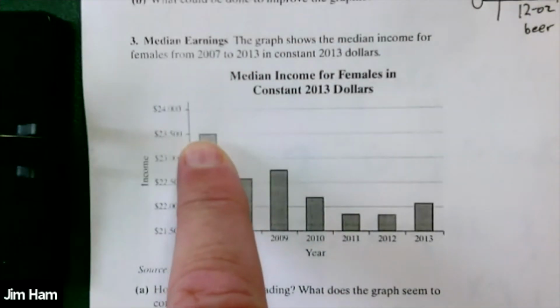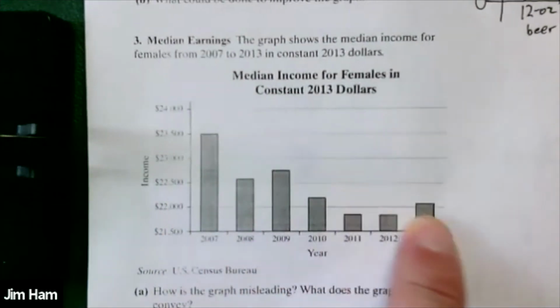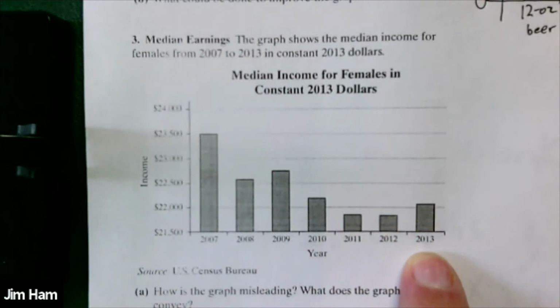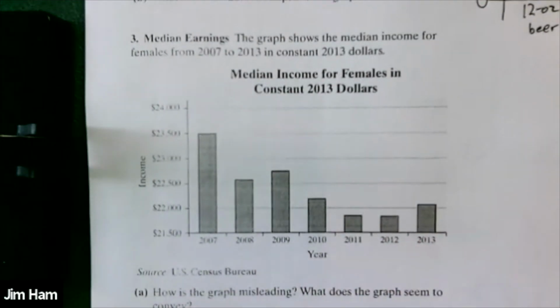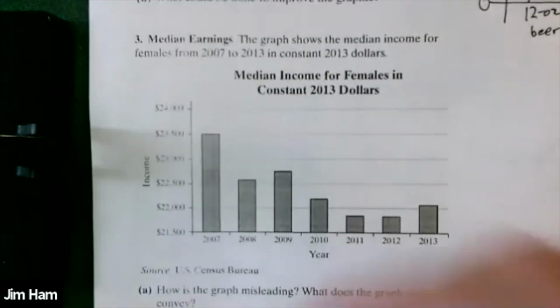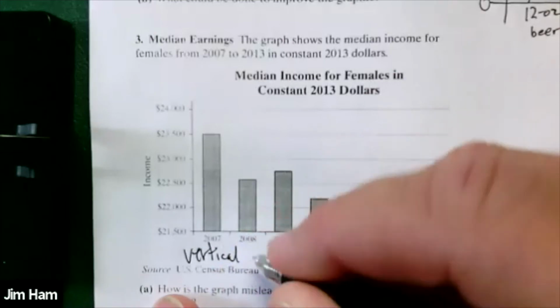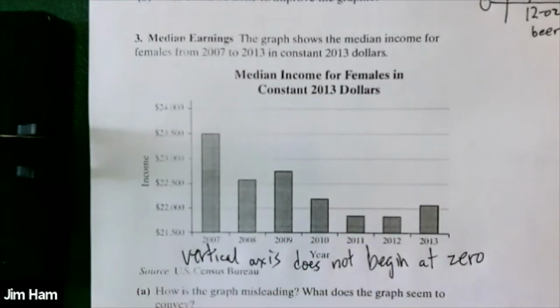It looks like, wow, the income is almost less than half six years later. And the problem with this one is that the vertical axis does not begin at 0.